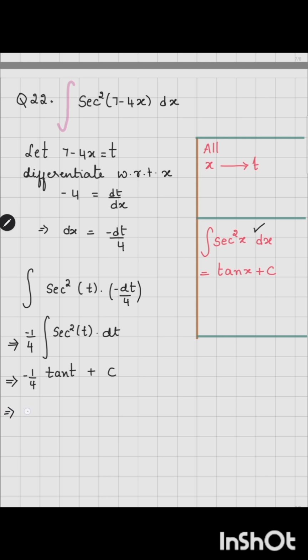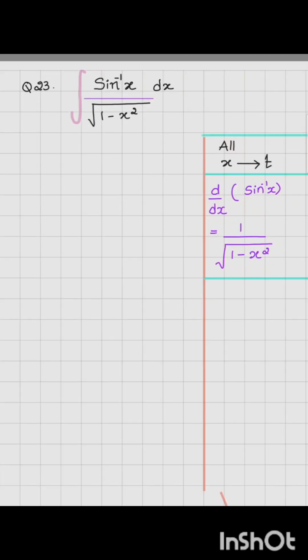Now in the place of t we write 7 minus 4x, plus c. Therefore the integral of secant square (7 minus 4x) dx is equal to minus 1 by 4 tan of (7 minus 4x) plus c. So this is the required integral.